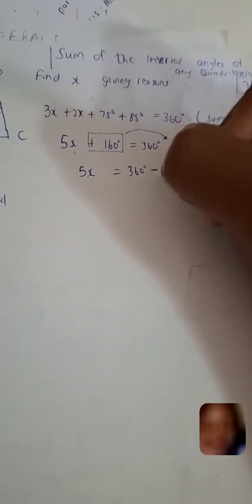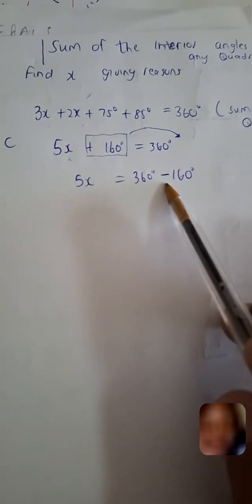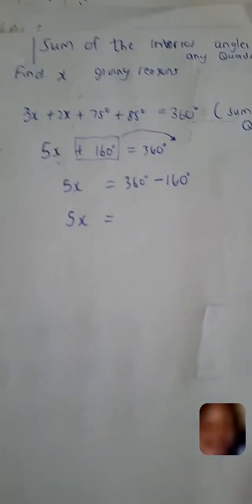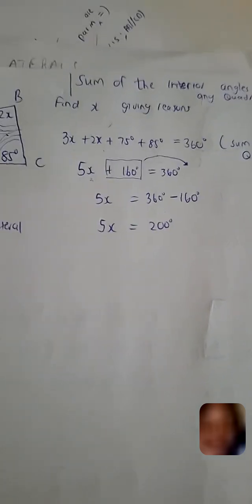We transpose 160, and it becomes negative 160. Then what's 360 minus 160? It's 200.